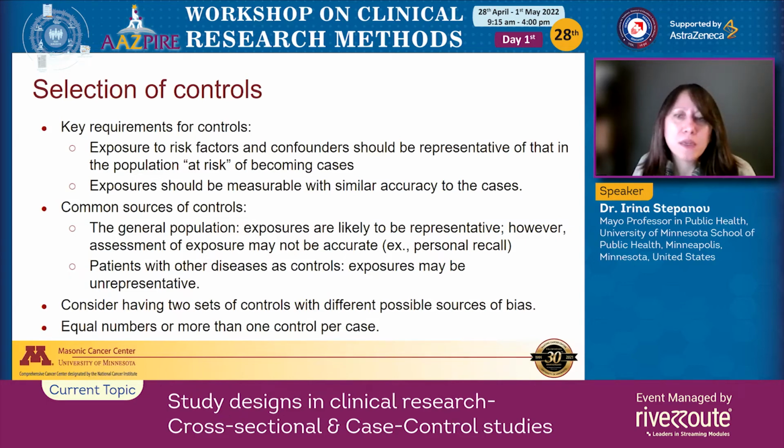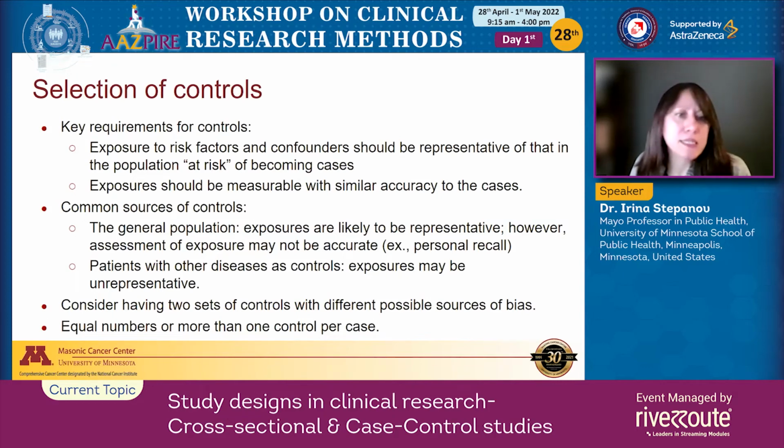So one way to address this is to have two sets of controls with different possible sources of bias, and then you can account for these different biases. So incorporate two controls with different biases.